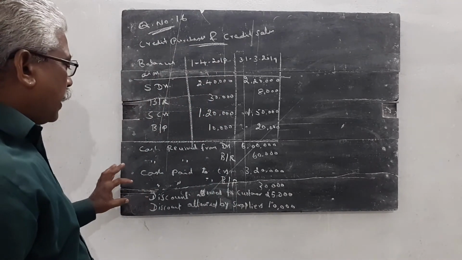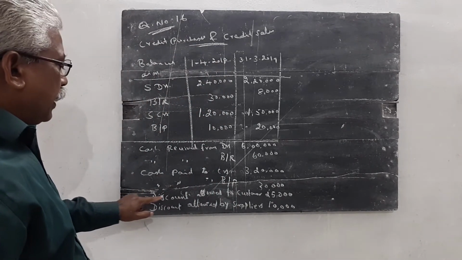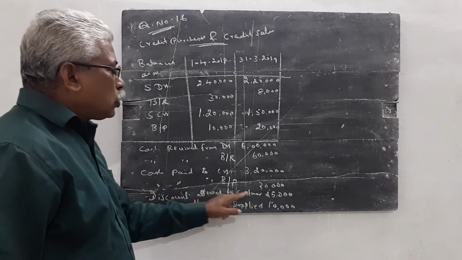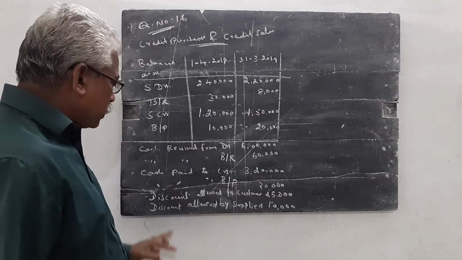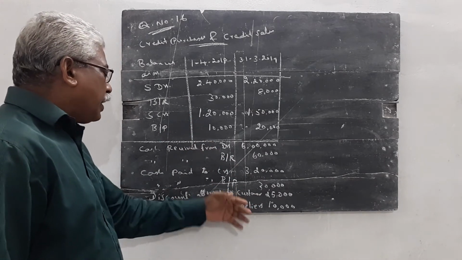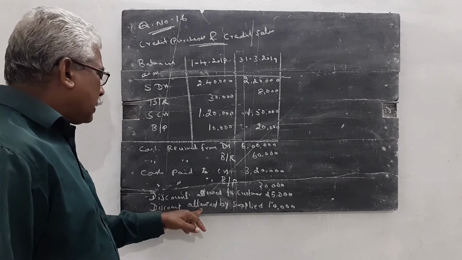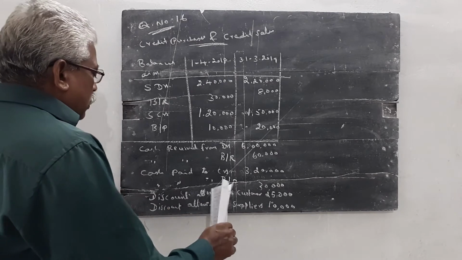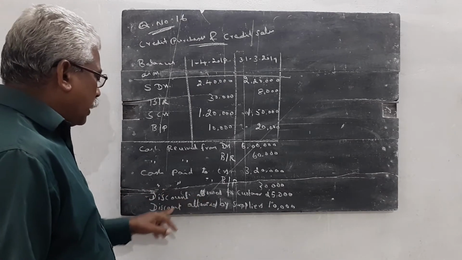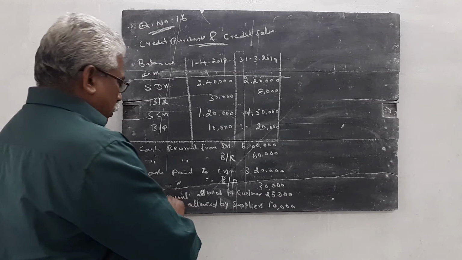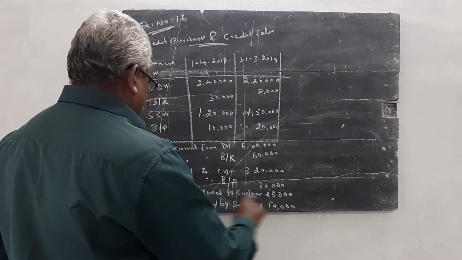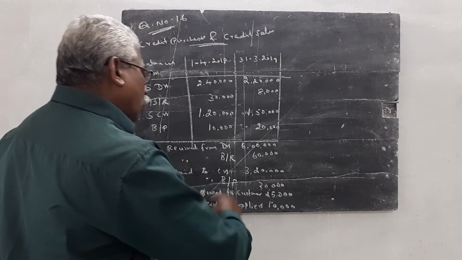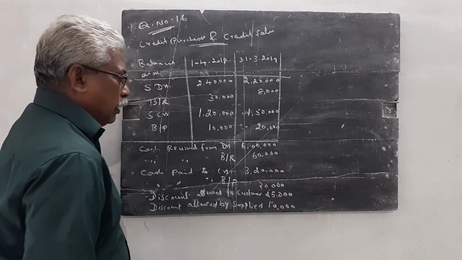Here we must be very careful about this point. In the question both sentences say discount allowed. Discount allowed to customer means discount allowed. Discount allowed by supplier means we receive, so that means discount received.